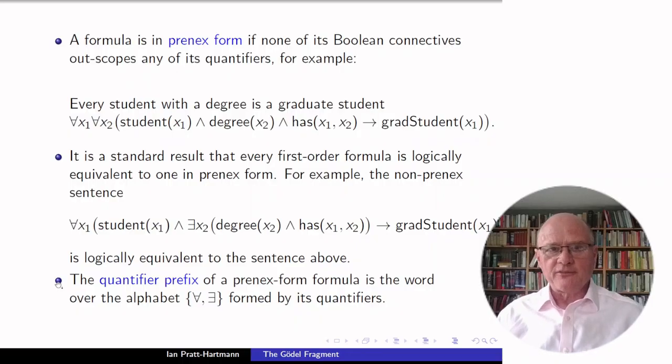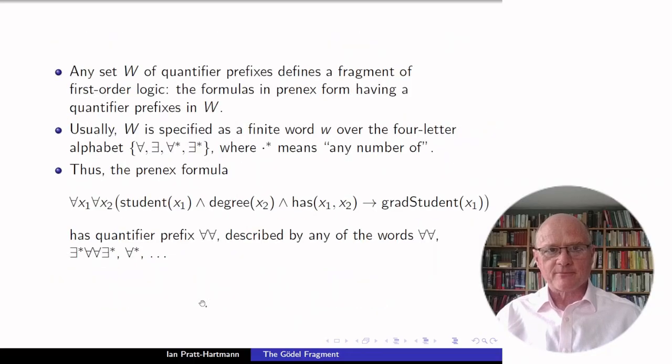The quantifier prefix of a prenex form formula is the word over the alphabet ∀, ∃ formed by its quantifiers. So for example, in this formula here, the quantifier prefix is ∀∀. So that's a two-letter word over this alphabet.